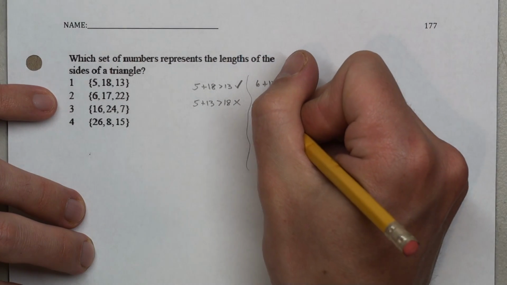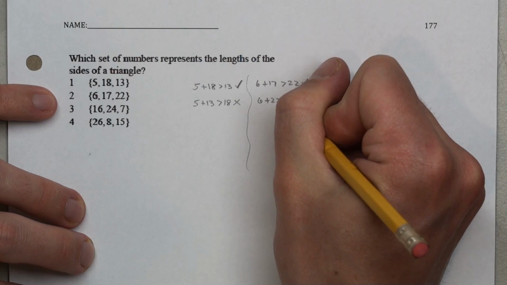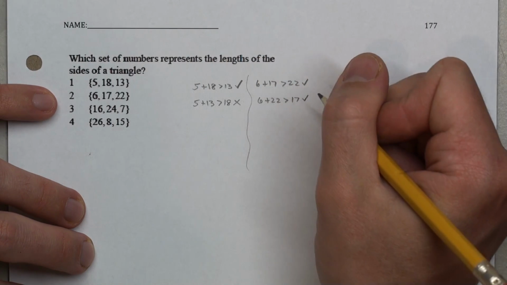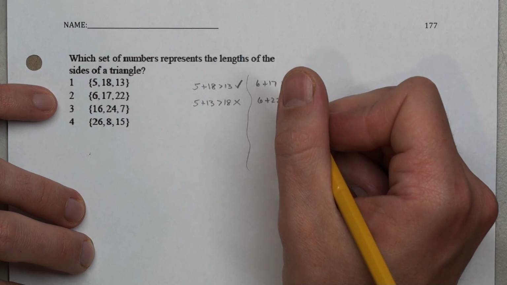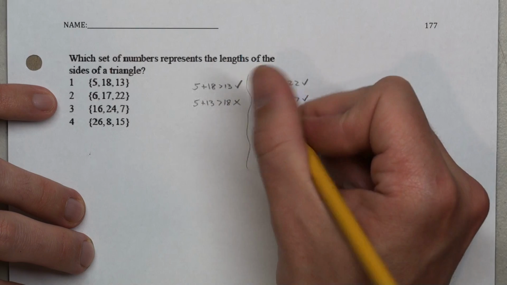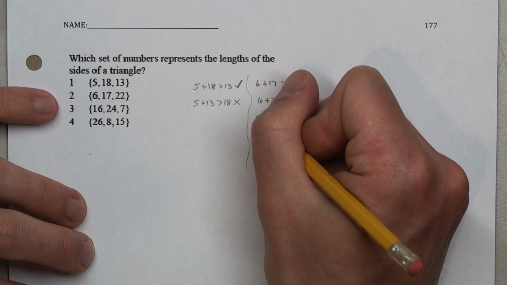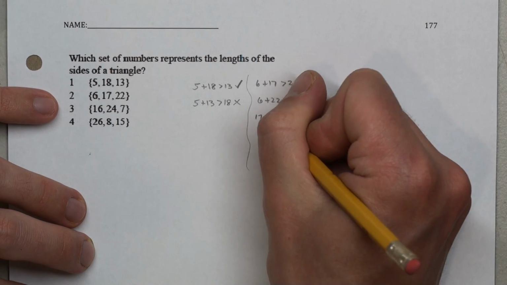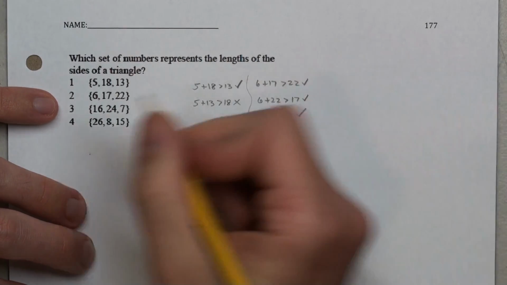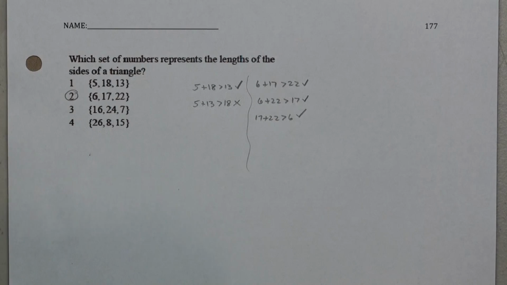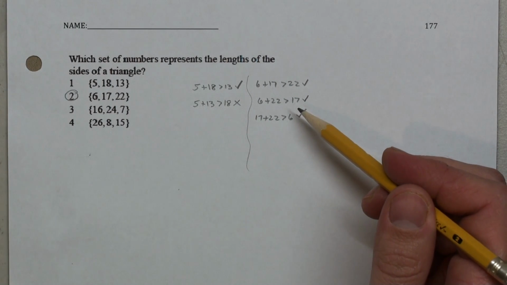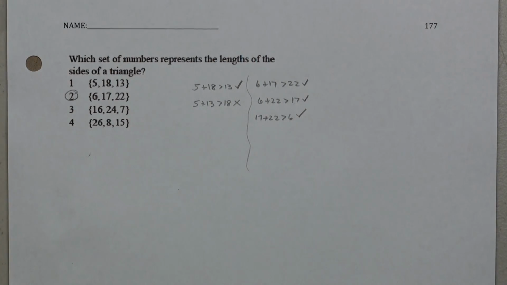That works. 6 plus 22 must be greater than 17. That works. 23, yeah, that works. And 17 plus 22 must be greater than 6. And that works. So it's choice 2. Let me just double check. 23 is greater than 22. Yep, that one's it.